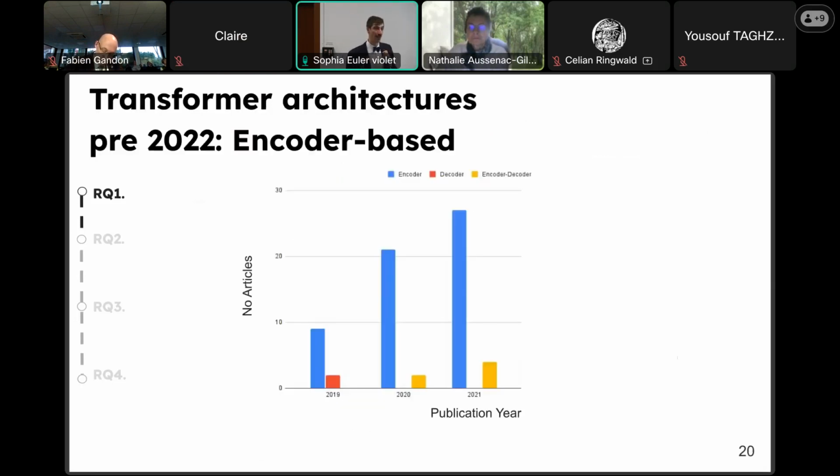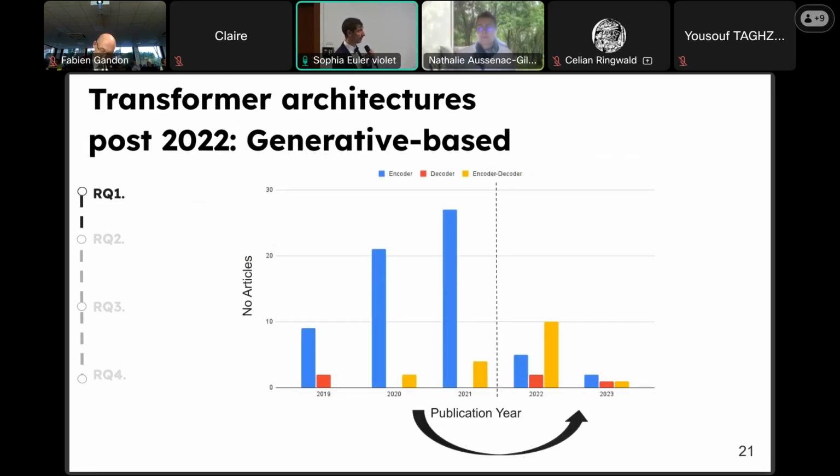So, okay, now that you know more about the different types of sub-architecture related to the transformer, let's show how they have been used by researchers since 2019. As you can see, in the first stage, before 2022, the encoder models were the main models used by researchers to solve the relation extraction task.